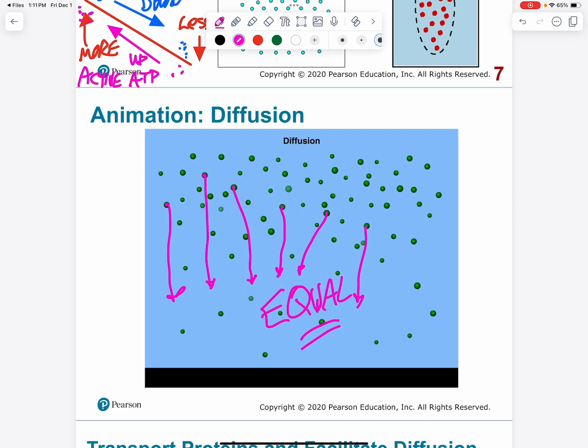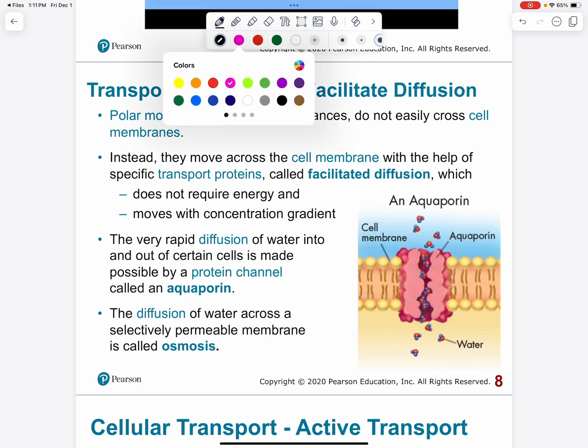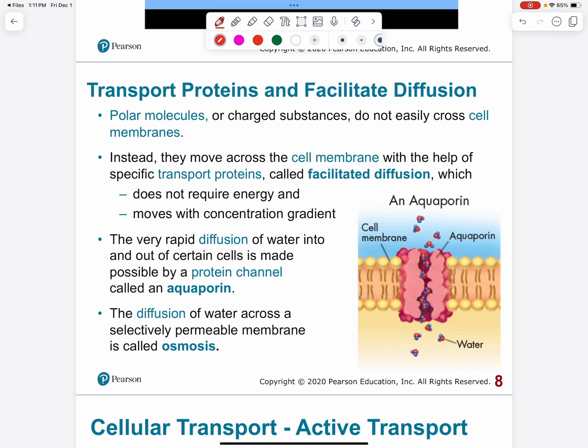It'll move around until it's equal, then keep bouncing around, but generally it will always be equal. This guy is like number 1. It is a channel protein, but it is allowing water to go through it.